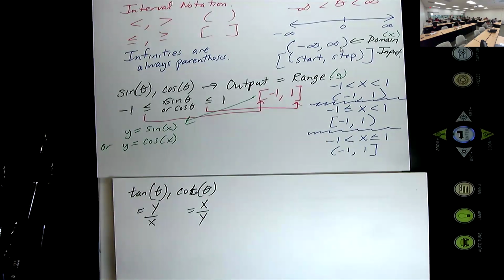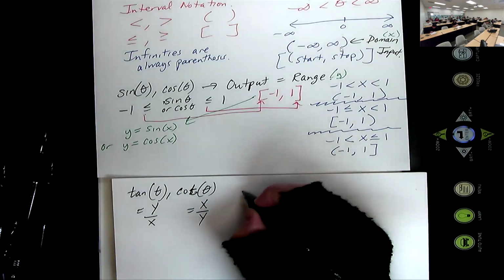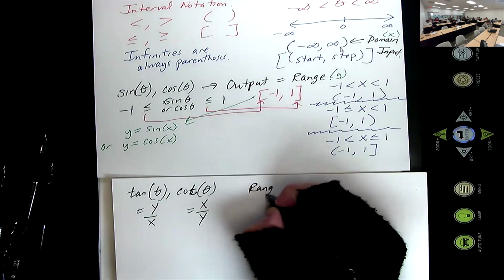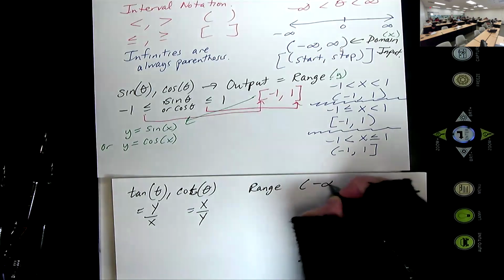Since x can be anything, and y, well, if we're making a triangle, y can be anything, this has a wide range of numbers. If the bottom is really small and the top is really big, we get really huge numbers, a value in the millions. It's not often, but yeah. The range here for these is negative infinity to infinity.